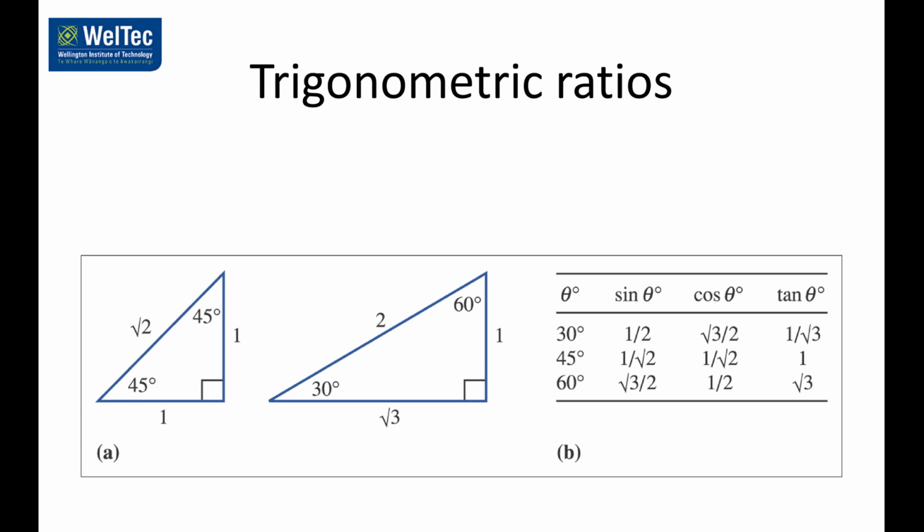So also, if you remember that 45 degrees is also known as pi by 4, 30 degrees is also known as pi by 6, and 60 degrees is also known as pi by 3.